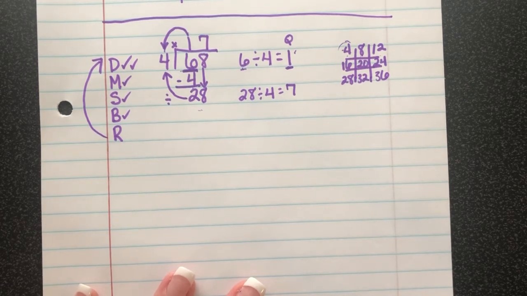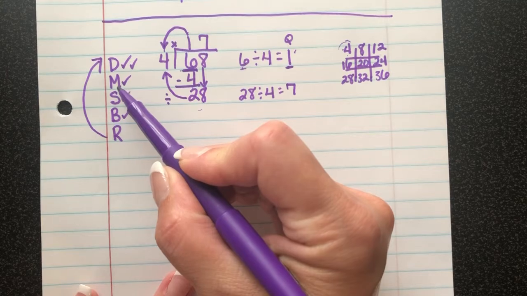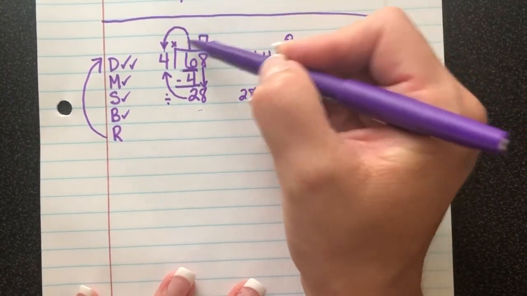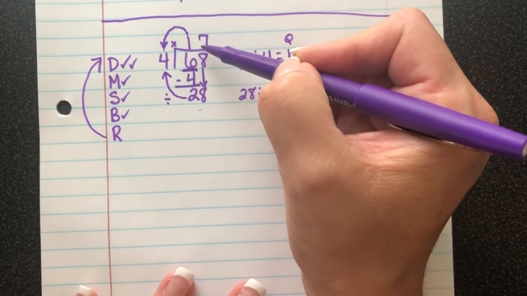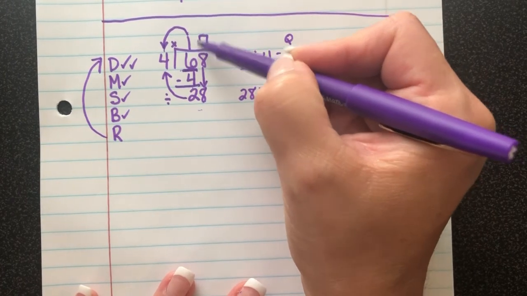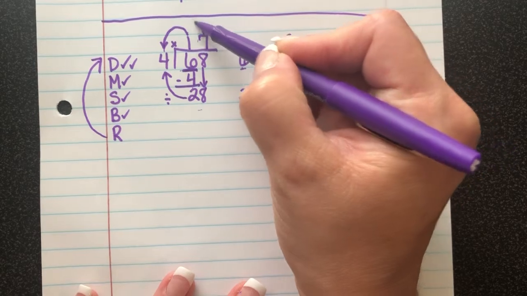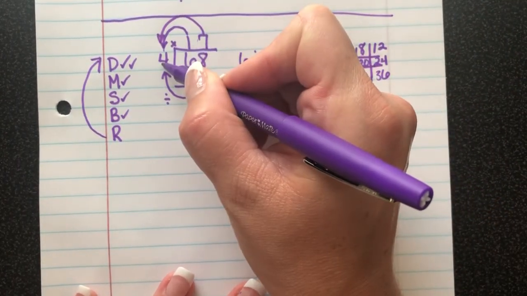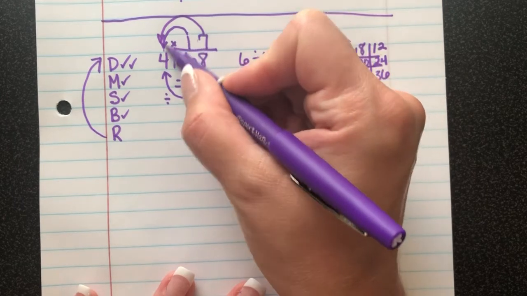Okay. Now I need to multiply. Okay. Here's another part where kids get confused. Okay. So I've got 2 digits up here, all right, but you're only multiplying the one that you just put up there by your divisor. Don't try to multiply 17 times 4. You can't do that because you've already multiplied the 1 times 4.